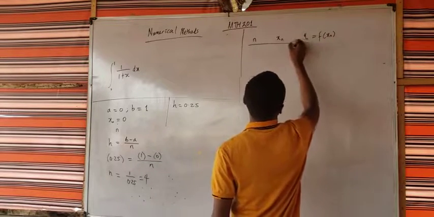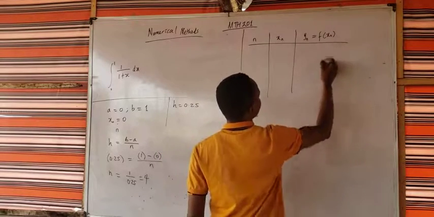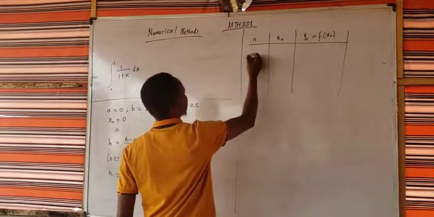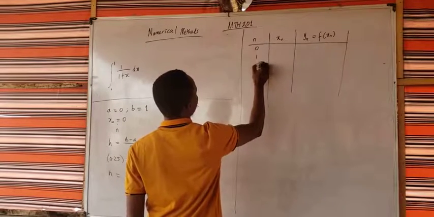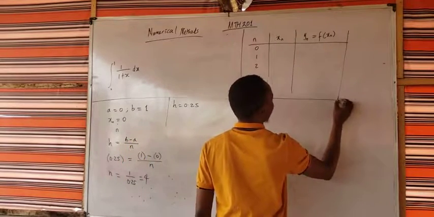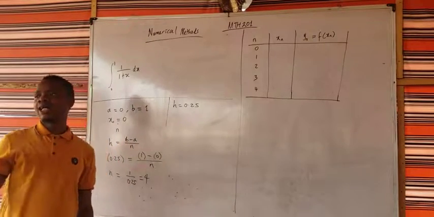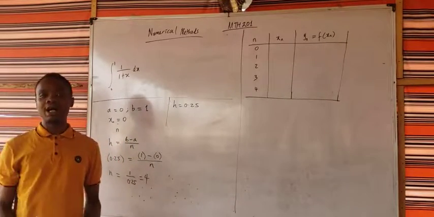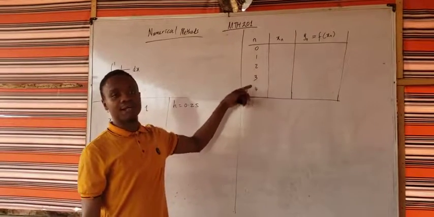You can do this table, just write out the values first, then we'll make use of them later. I can start with n from 0, 1, 2, 3, 4. The number of ordinates, as I told you yesterday, will be 1 higher than the number of intervals. I have the intervals to be 4, so the number of ordinates is obviously 5. Is that making sense?